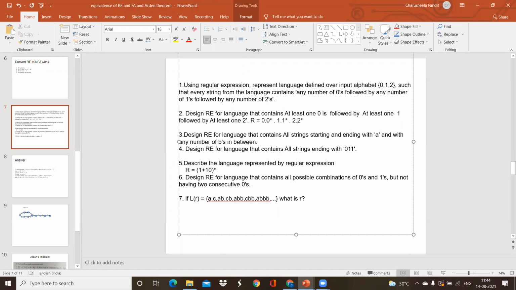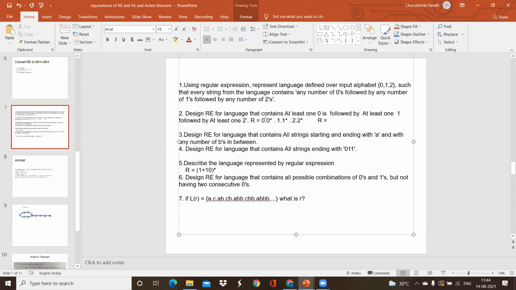So 0, then 0 star, concatenated by 1 star. So I will have at least 1 0 followed by at least 1 1, and then I have 2 star. After this concatenation comes at least 1 2 and then any occurrences. This same thing I can represent like this: you can use plus to show one or more occurrences of anything.